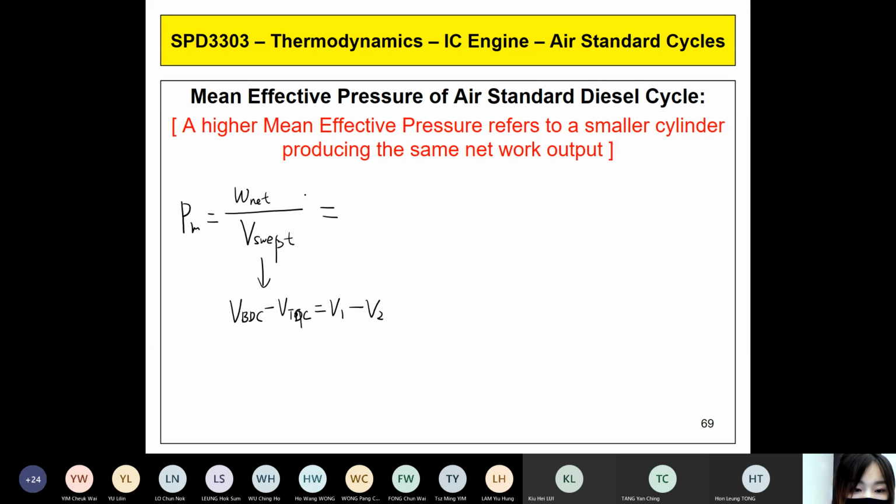Again, we have the net work output. It equals the net heat supply according to the first law of thermodynamics. In the last slide, we learned how to calculate it. That should be the sum of your heat supply and heat rejection.